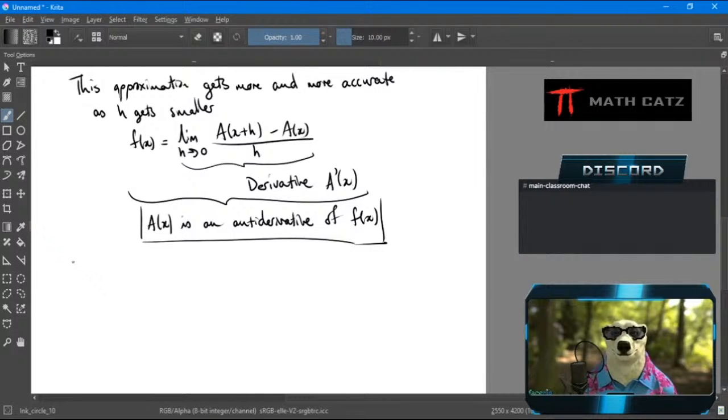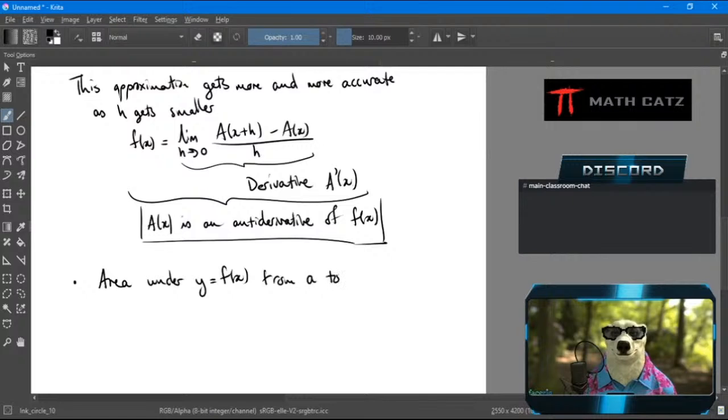So here is the punchline. The area that we want, let's write it out: the area under the graph of the function, I have to say between which endpoints.